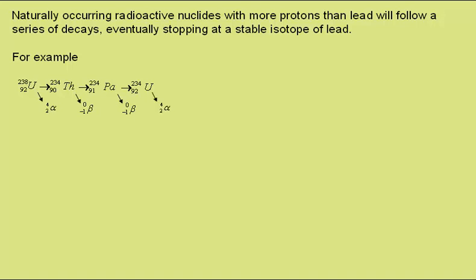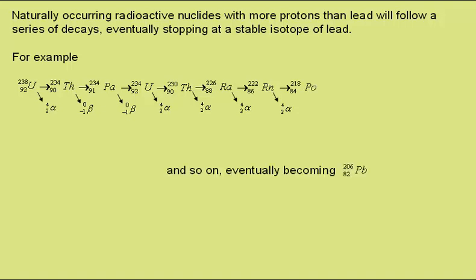This undergoes alpha decay, becoming thorium-230, which undergoes alpha decay again, becoming radium-226. This also undergoes alpha decay to become radon-222. Alpha decay again makes polonium-218. This carries on for several more decays, eventually becoming lead-206, which is stable.